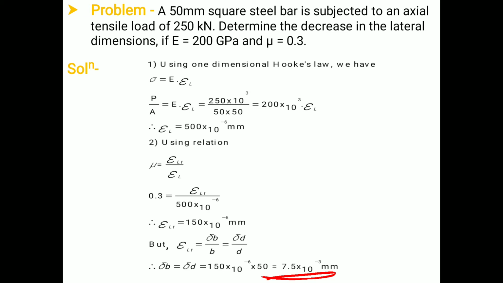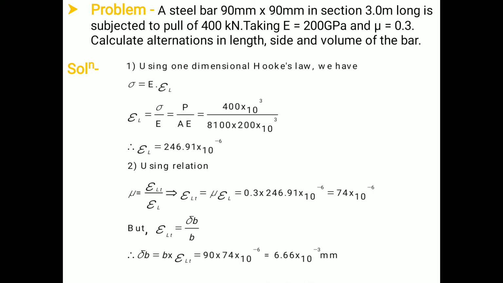Now, we will discuss the next numerical, and the problem statement is: a steel bar 90 mm by 90 mm in section, which is 3 meter long, is subjected to a pull of 400 kN.